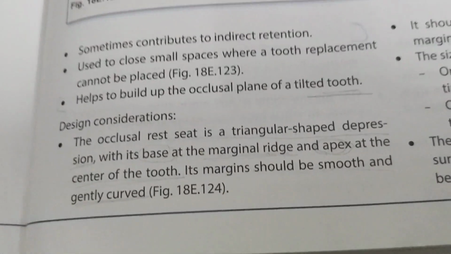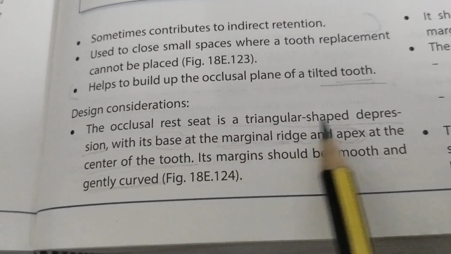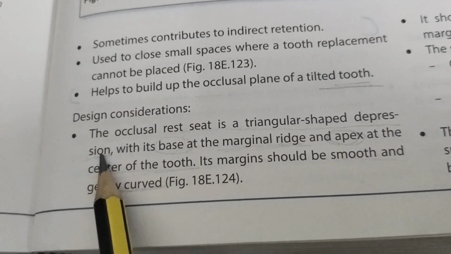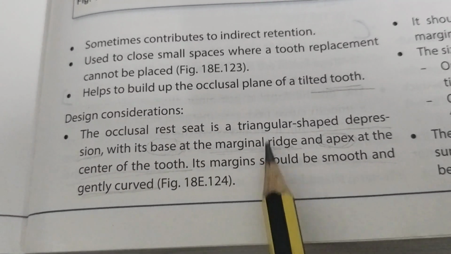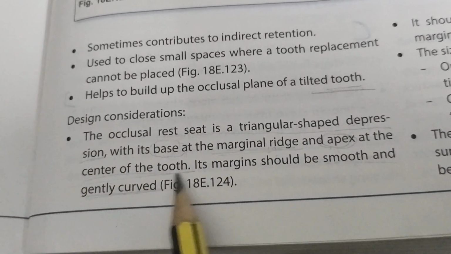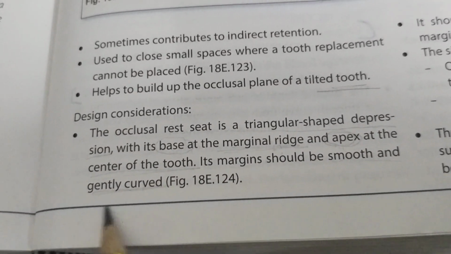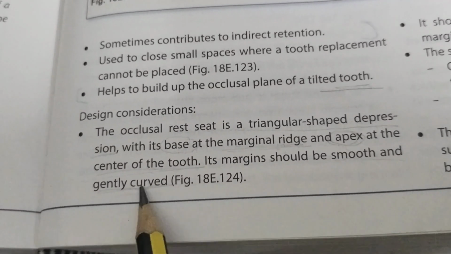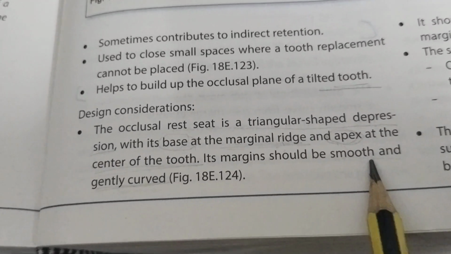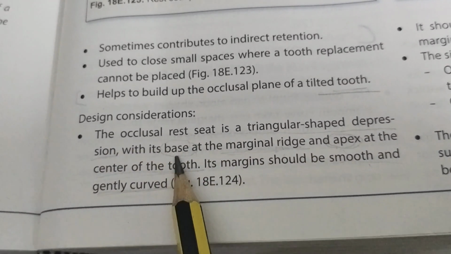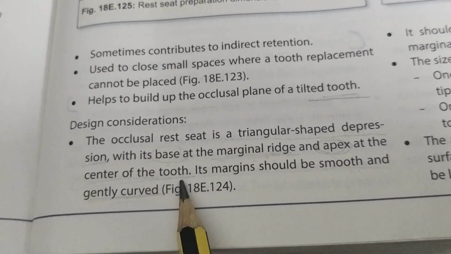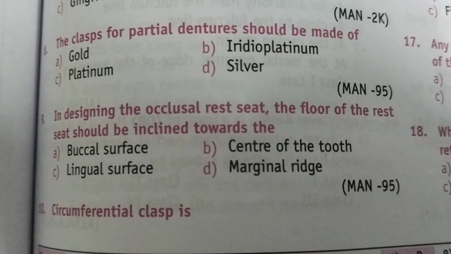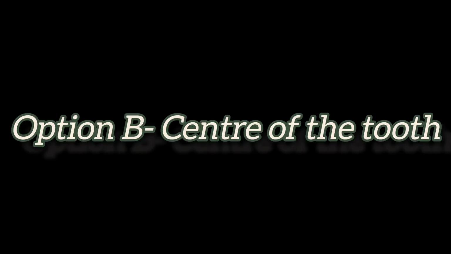Here you can see a triangular shaped depression with its base at the marginal ridge and apex at the center of the tooth, and you will see a gentle curvature along the margins, and the margins appear to be smooth. So remember, base is at the marginal ridge, apex at the center of the tooth. So naturally our answer would turn out to be option B, center of the tooth.